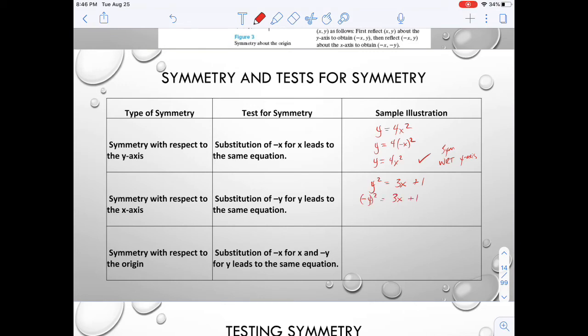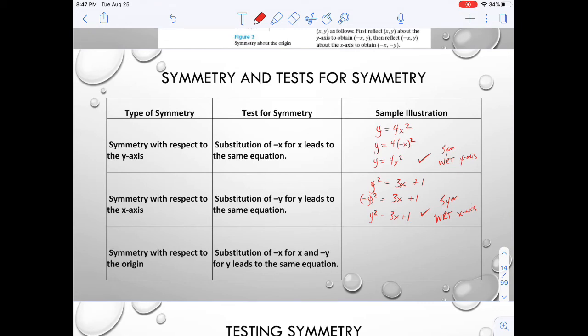If I square the opposite of y, I get simply y squared equals 3x plus 1, and I did in fact get the exact same equation. So here I would have symmetry with respect to the x-axis.